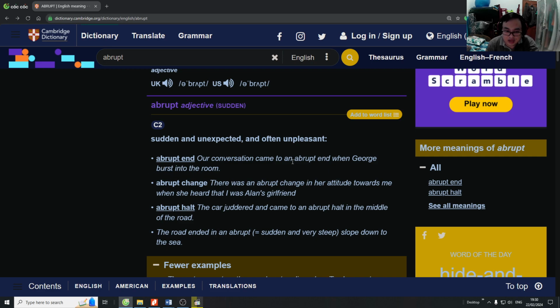It is sudden end, right? There was an abrupt change in her attitude toward me when she heard that I was Alan's girlfriend. It meant unexpected change. The car shuddered and came to an abrupt halt in the middle of the road. Unpleasant.